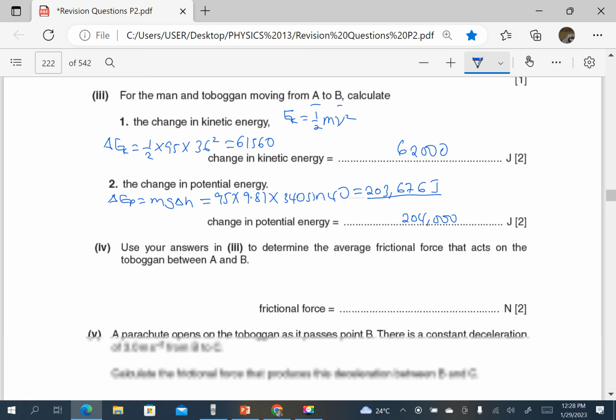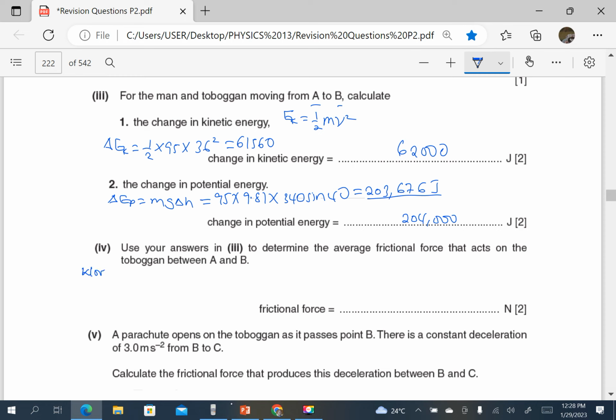Use your answer in part 2 to determine the average frictional force that acts on the toboggan between A and B. We have seen the change in the gravitational potential energy is not the same as the change in kinetic energy. That means some work is done against friction. What is that work done?